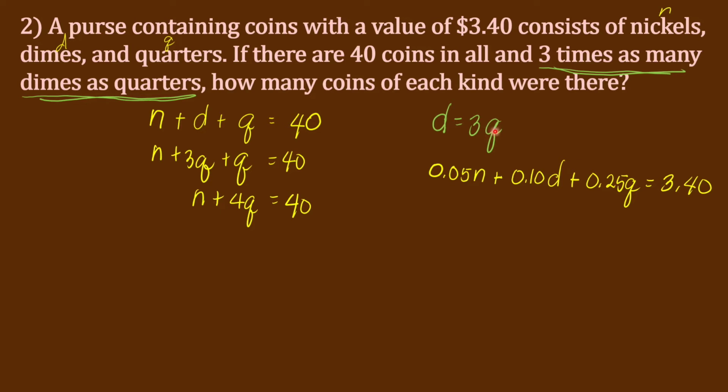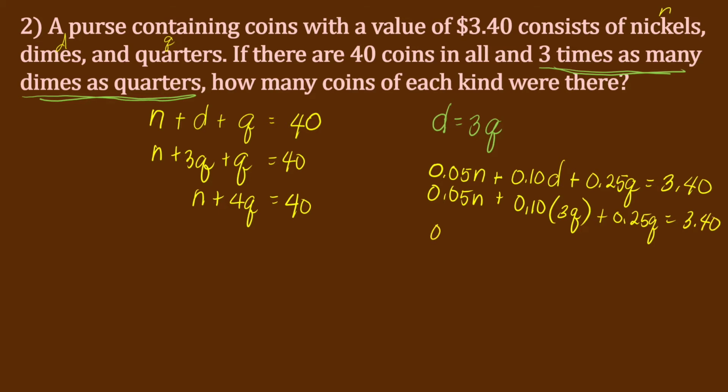We can substitute 3Q for D. We need to do this so that we can reduce the equation into two unknowns. So this will give us 0.05 N plus 0.10, D is equivalent to 3Q, and then rewrite the rest. Okay?